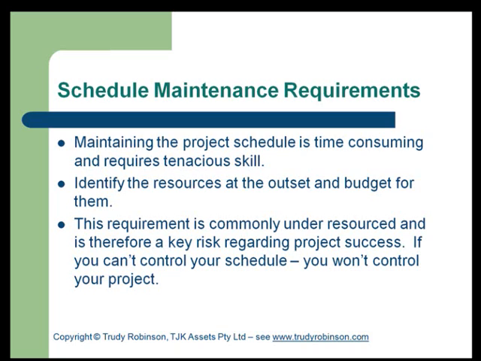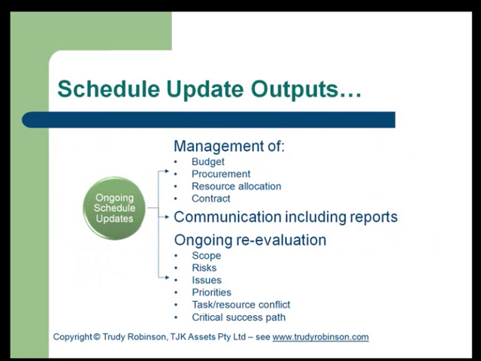The key element is to ensure that the project timeline is available and up to date to you all the time. If you cannot control your schedule, you cannot control your project. It is a key tool for measurement, and if you do not measure it, you cannot manage it. It may be that your project schedule is updated daily or weekly.